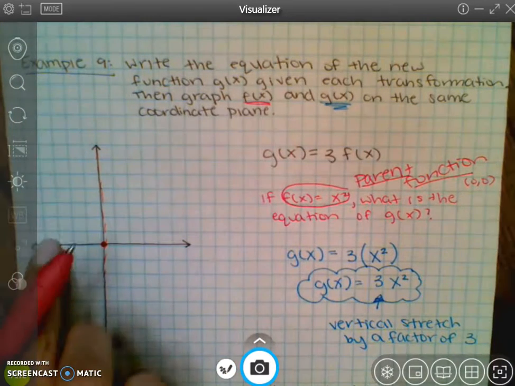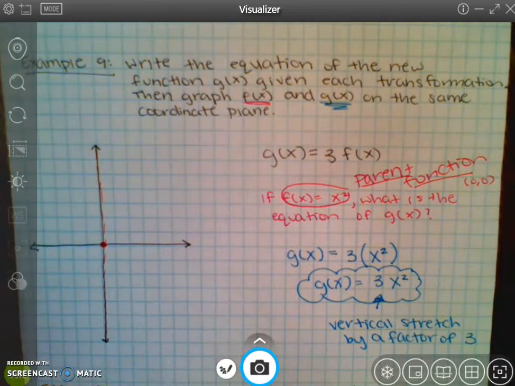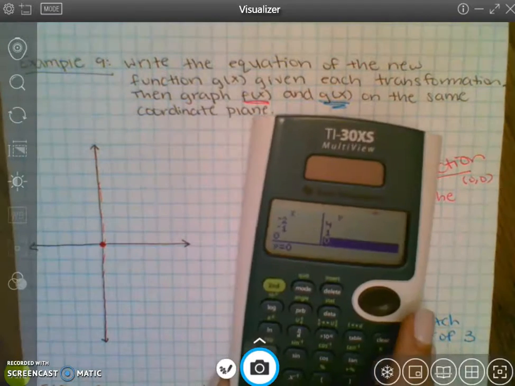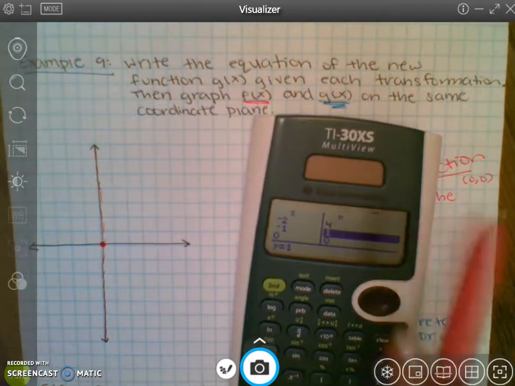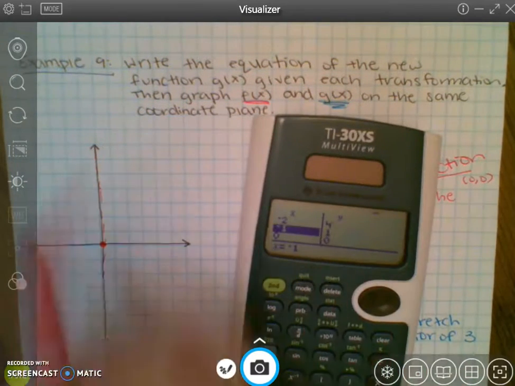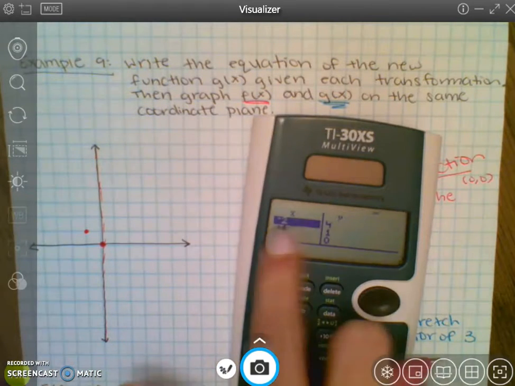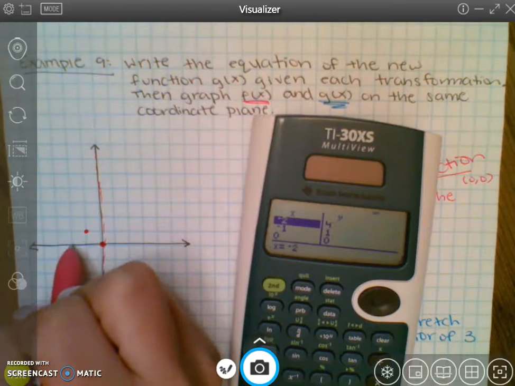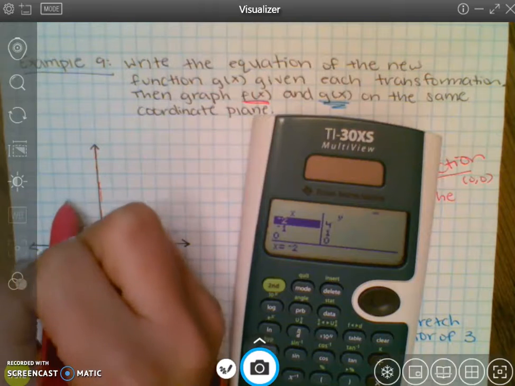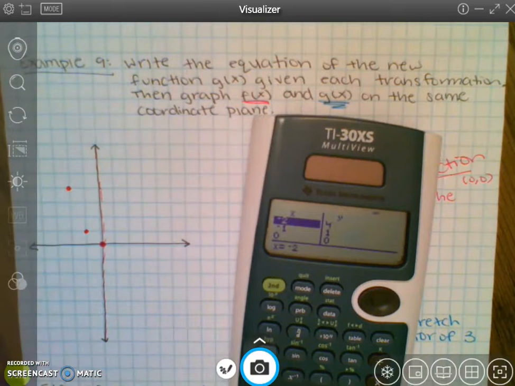So everything I have on the left should also be the same on the right. Based off of my table, I'm going to graph negative 1, 1, negative 2 is 4, 1, 2, 3, 4.